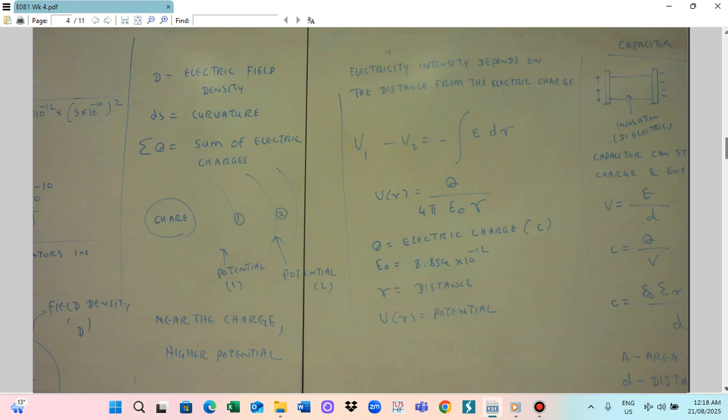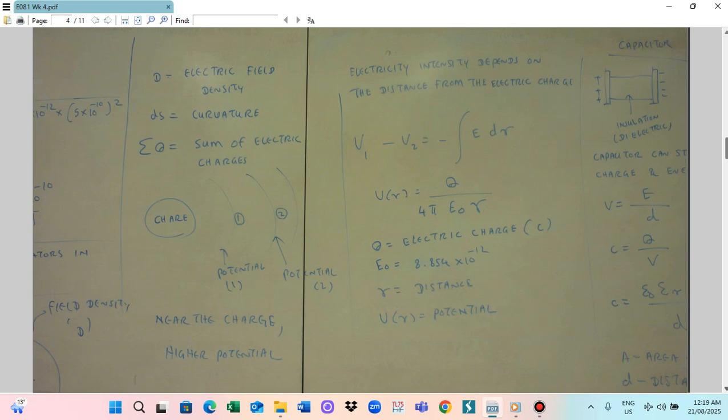Therefore, we can calculate the field intensity. The electric field intensity depends on the distance from the charge, and the distance and potential can be calculated.